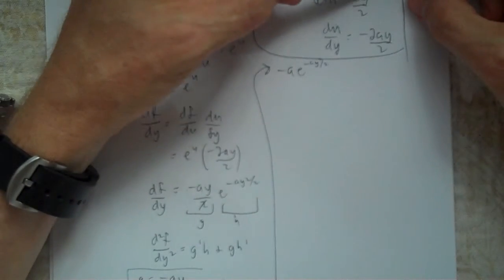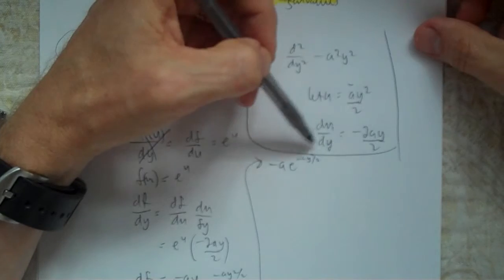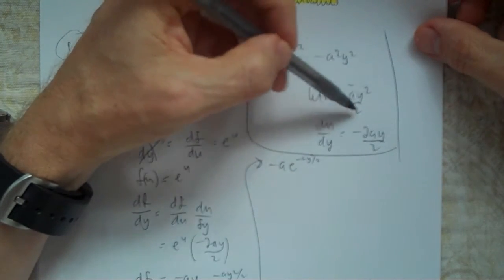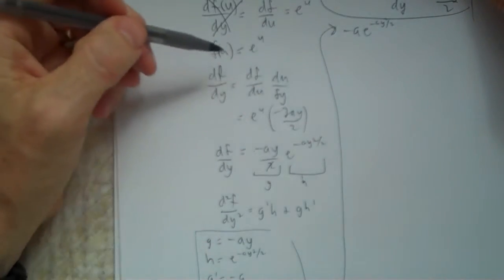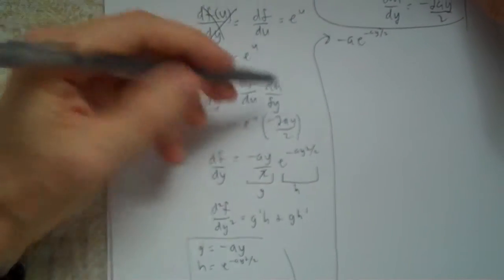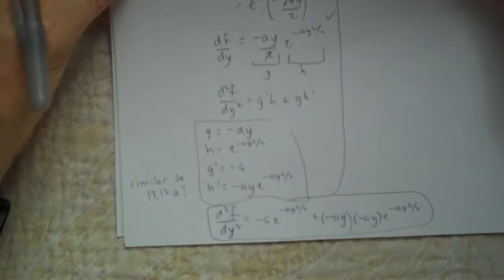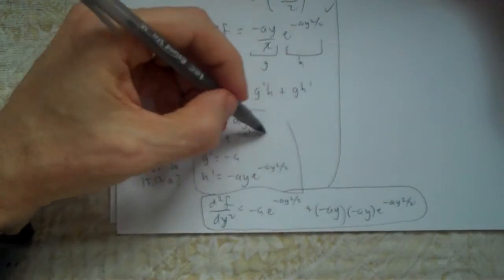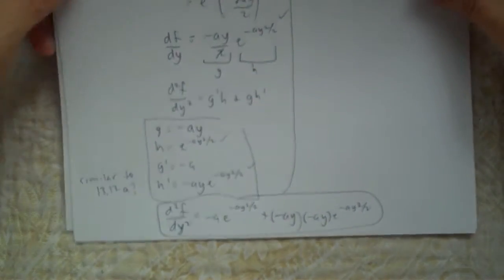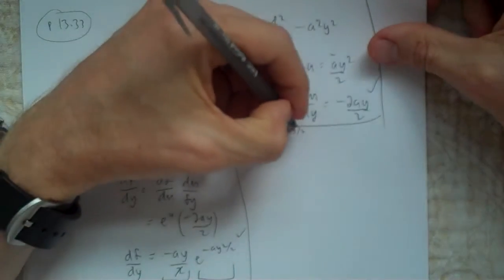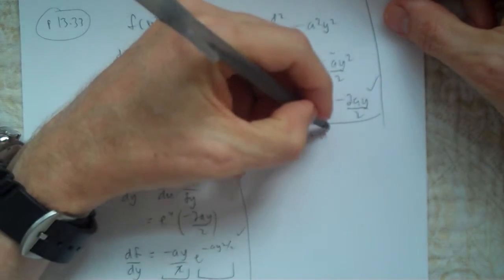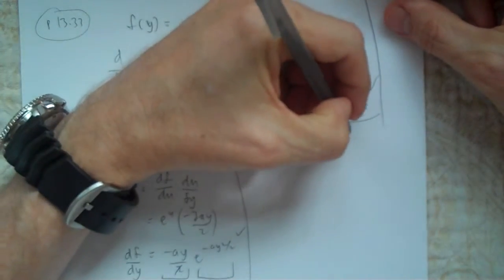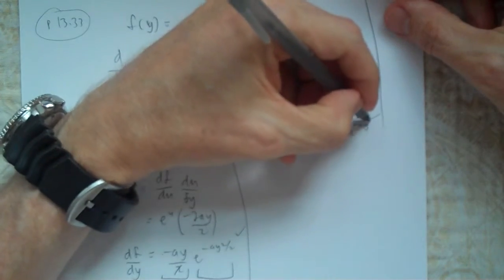I had forgotten there was a 2 there, but it looks like I accounted for that exponent here, so that's good. I didn't lose it. Okay, it's all there. Got nervous though when I saw that 2. Okay, plus a squared y squared e to the minus ay squared over 2.